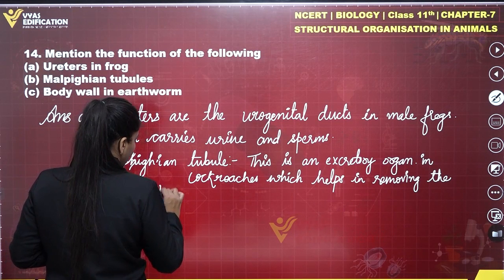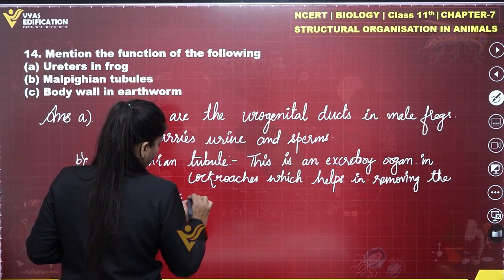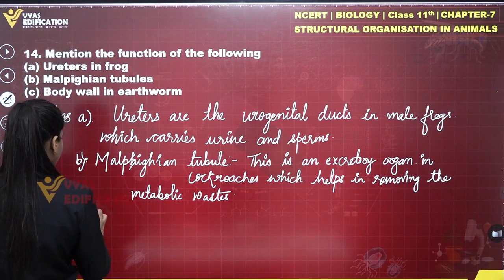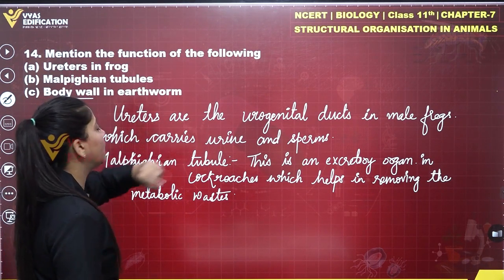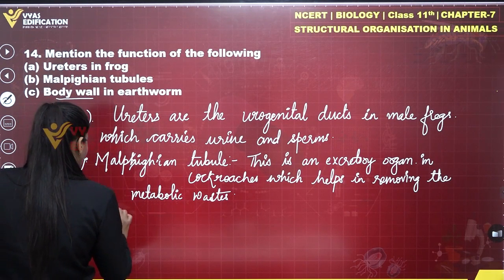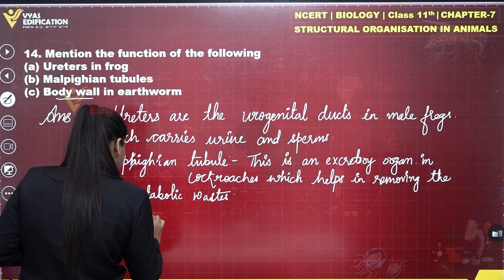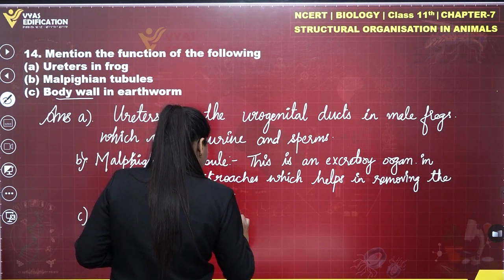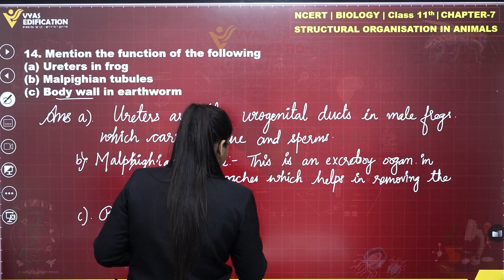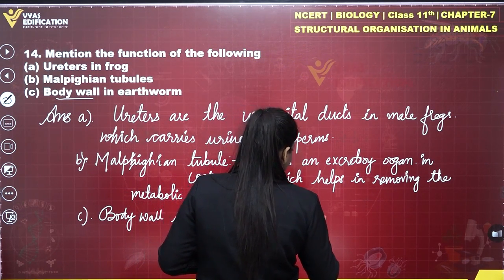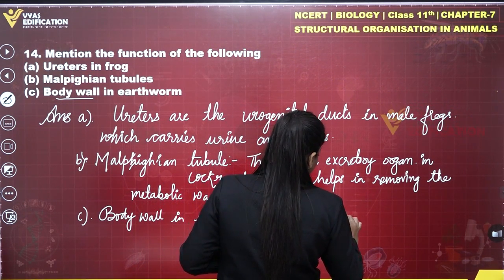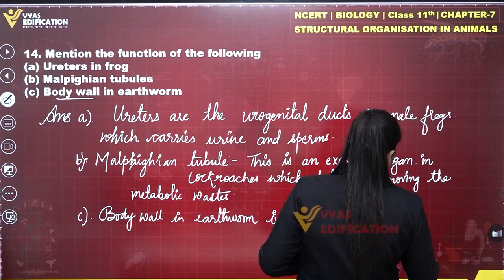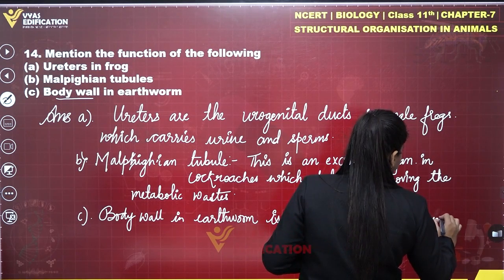Right? C, we have to give the function of body wall in earthworm. So body wall in earthworm is consisting of muscle layers first of all.